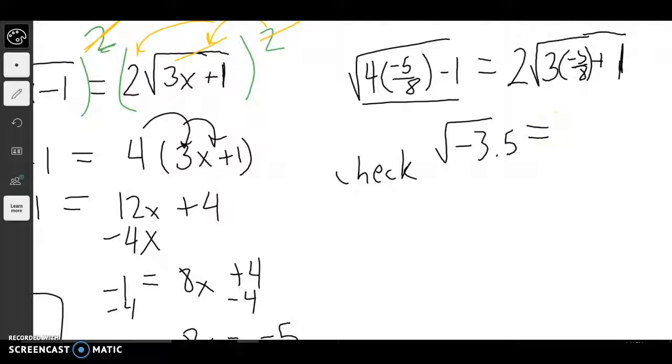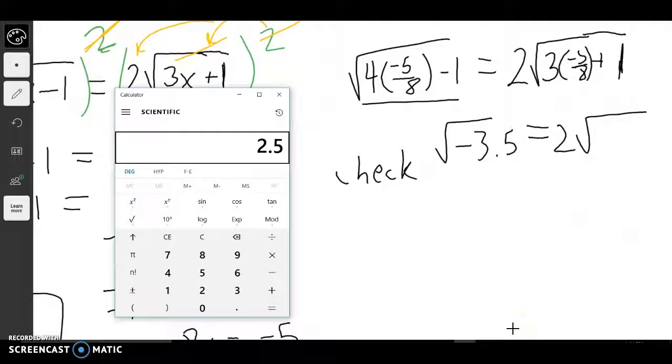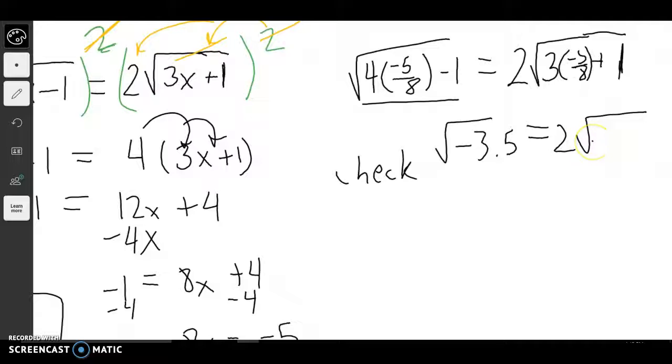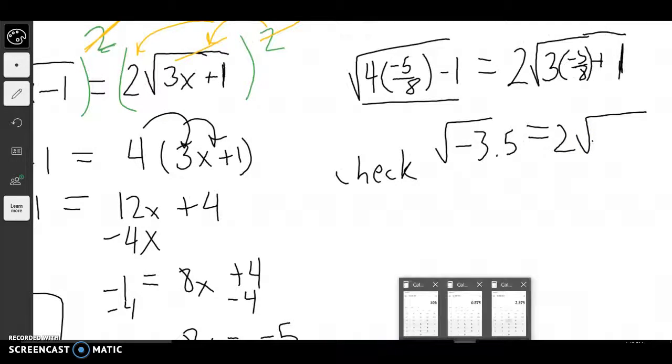And we're going to say that's equal to 2 times the square root of, well, again, I want to take -5/8 times that by 3, add 1, and we can see that, oh, this time is a different number.